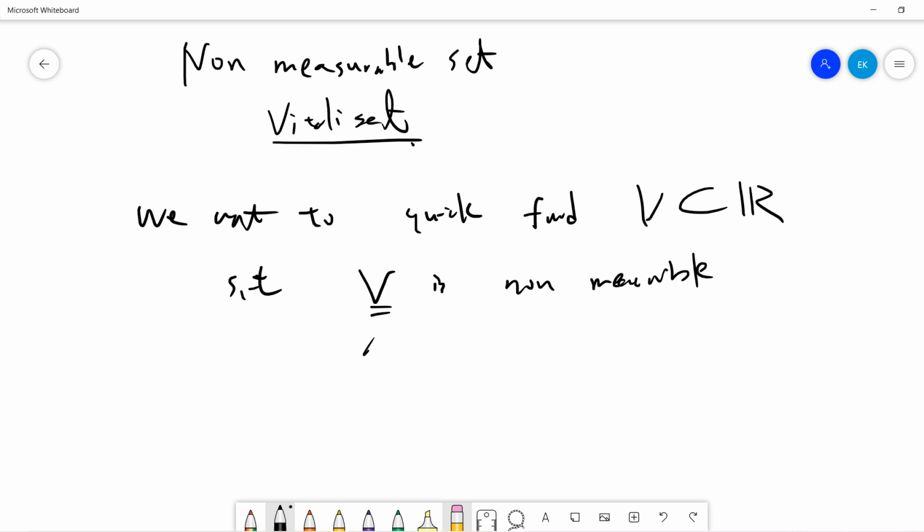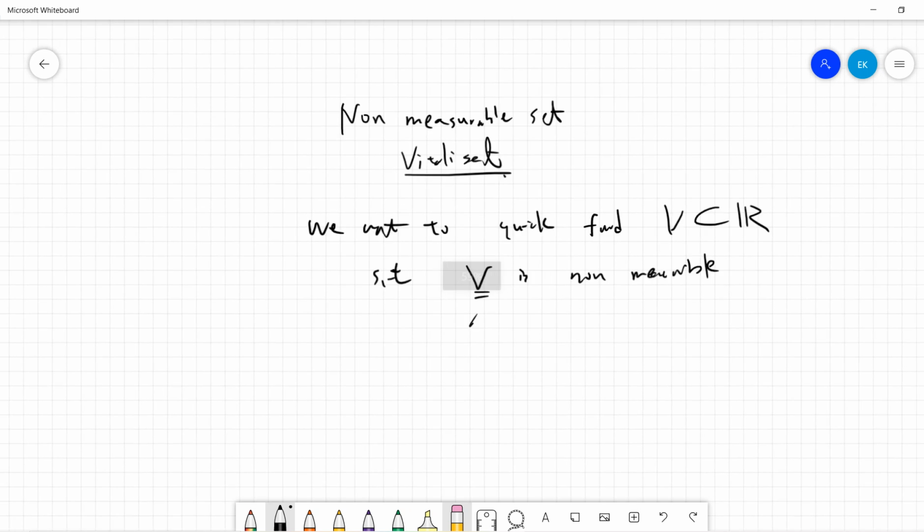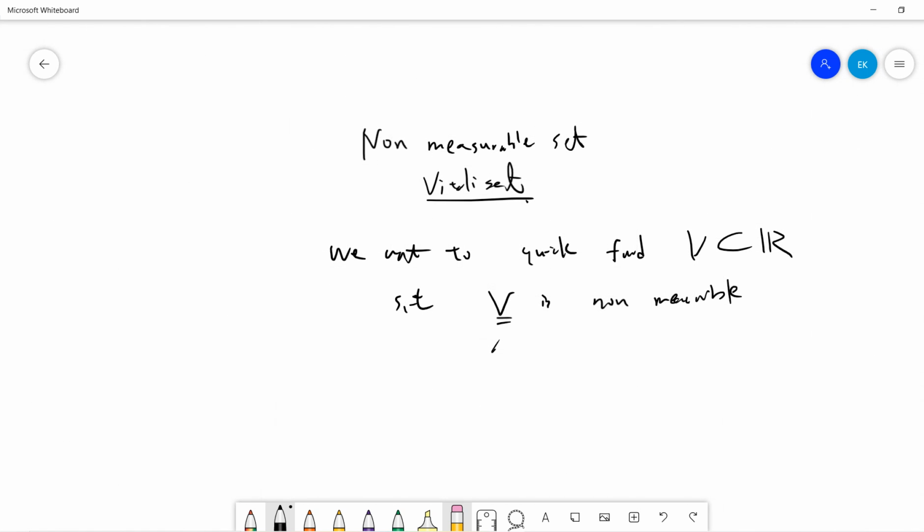You can view the Lebesgue measure of V as trying to find the length of V. There's the Lebesgue measure called lambda on R. If you take the interval 0 to 1, it just gives you the length. This lambda has an easy interpretation as length.